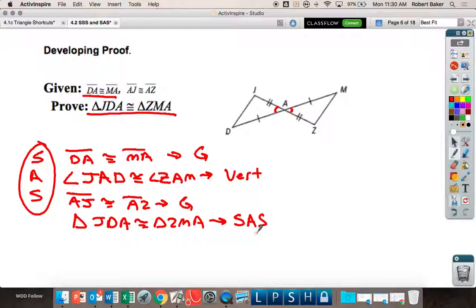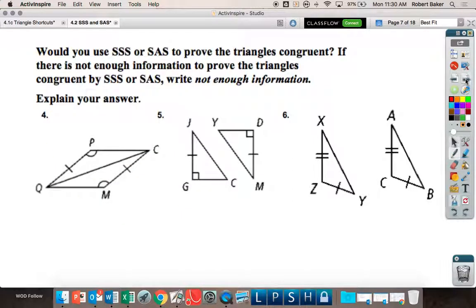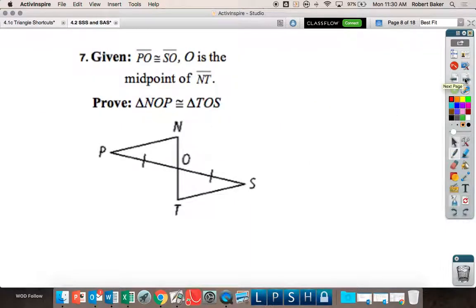Side. Okay? So let's try another one just for me. You don't have to write it down. What about this one? Let's just talk through this one. What shortcut do you think is going to work here? Side, angle, side. So you're justifying that these are the same? Vertical angles?